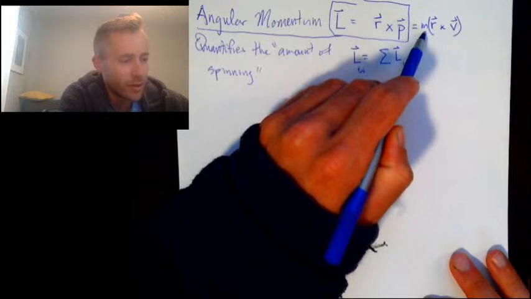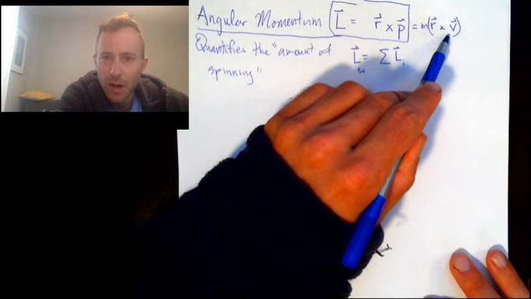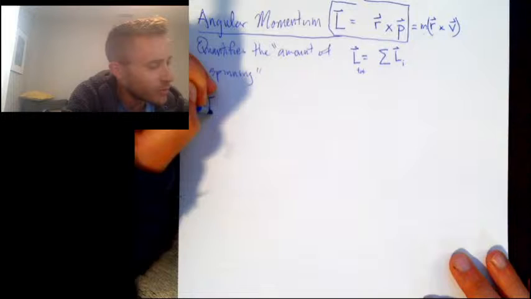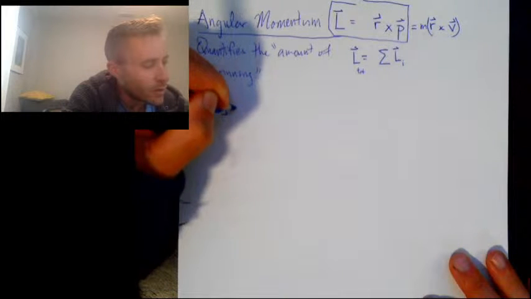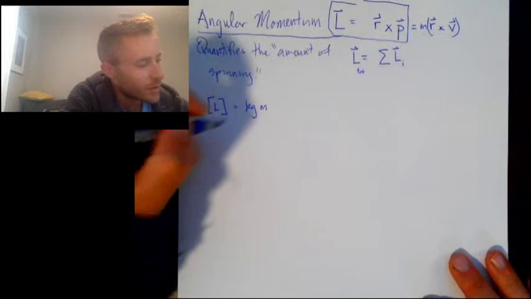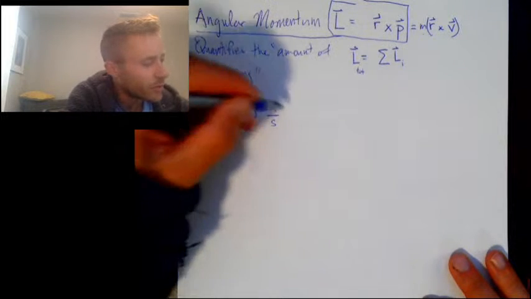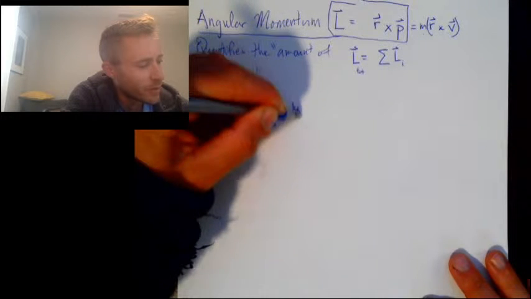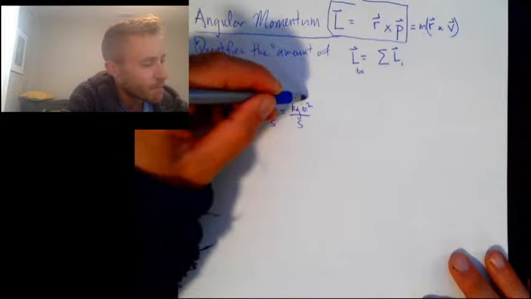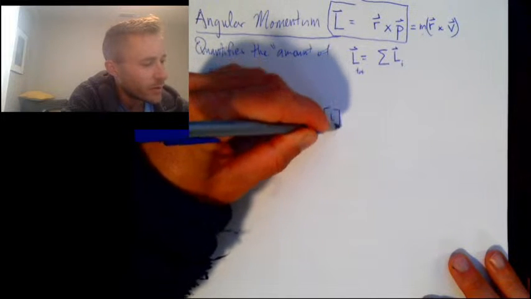So we can see that it's a mass times a position times a velocity. So that means that the units of angular momentum are a unit of mass times a unit of position, which is meters, times the unit of velocity, which is meters per second. So angular momentum is measured in kilogram meters squared per second. So those are the units of angular momentum.